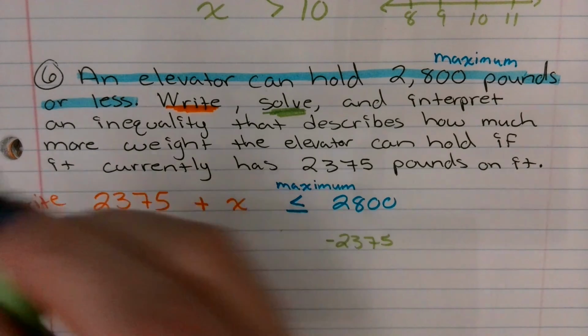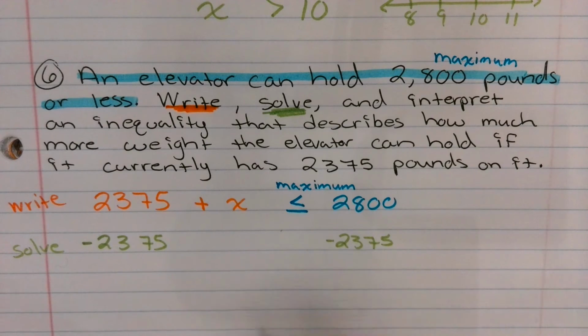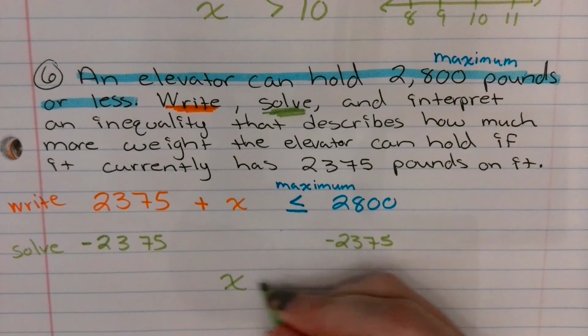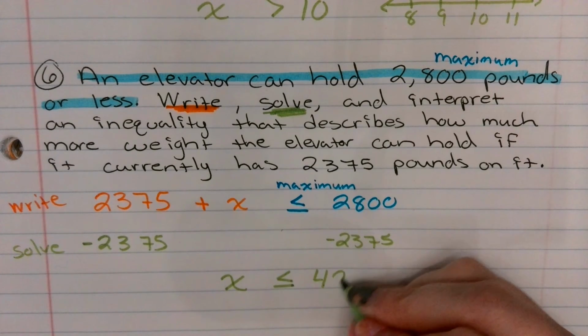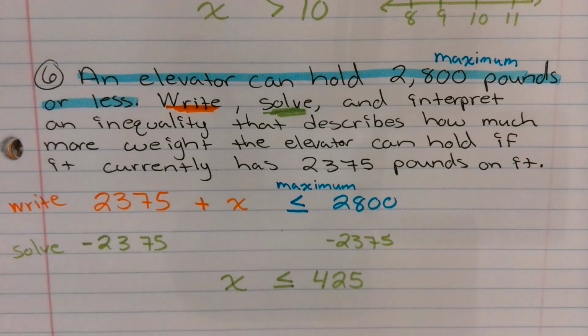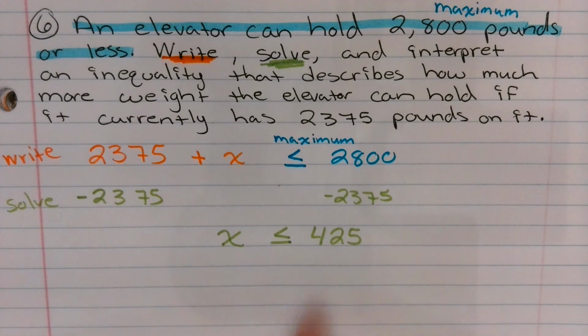Okay, this is my solve. So if I subtract 2,375 from both sides, I'm going to get x is less than or equal to 425. Okay, so I did my solve part. I now know that x is less than or equal to 425.